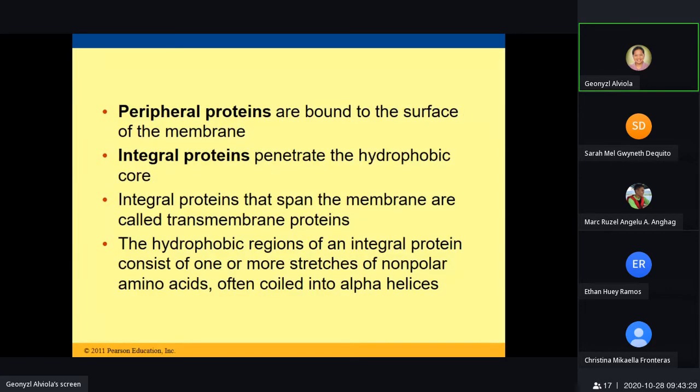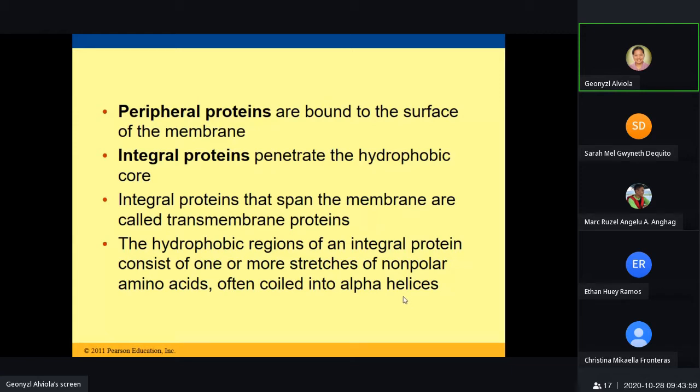Okay, peripheral proteins are bound to the surface of the membrane. Integral, by the name itself, is embedded between the two layers of the phospholipid. They are also known as transmembrane proteins. The hydrophobic region of the integral protein consists of one or more stretches of nonpolar amino acids, often coiled in alpha helices.